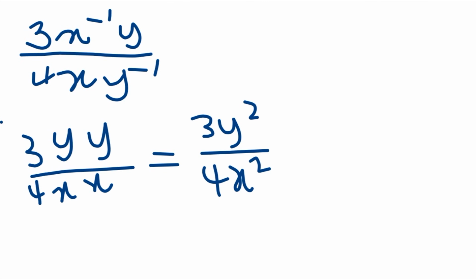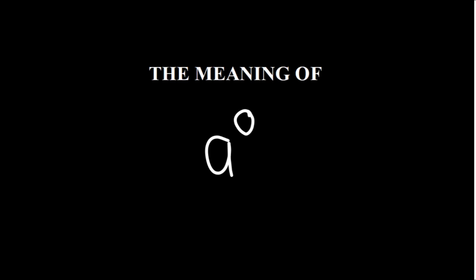Now let's discuss the last section of this lesson, which is a number raised to the power of 0. What does it mean to have an expression like this? Well, anything that's raised to the power of 0 is 1.